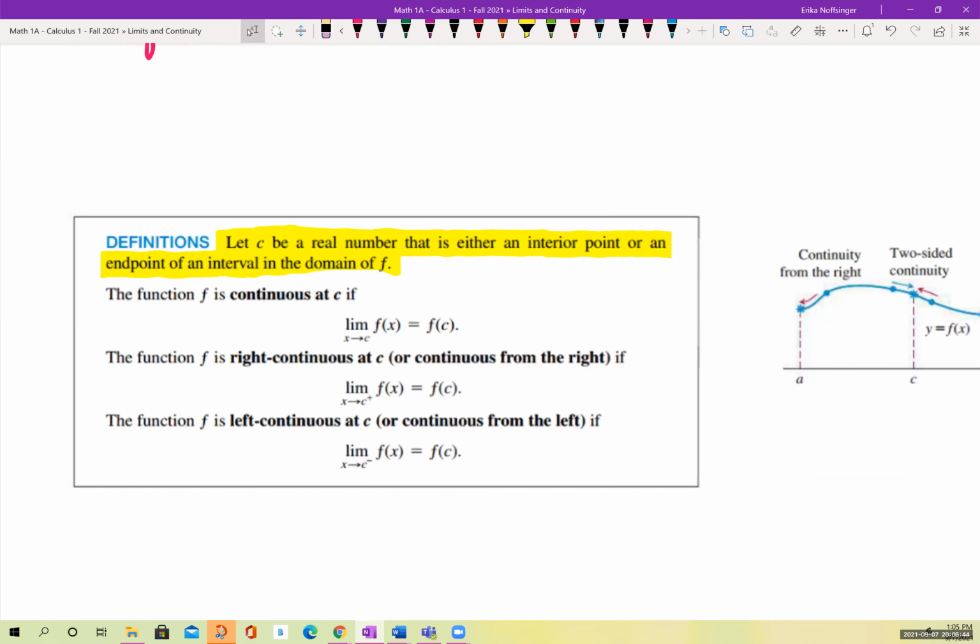Okay, so if we're talking about our domain, we say that our function f is continuous at c if the limit as x approaches c of f of x is equal to what we'd get if we plugged in c wherever we saw an x in our function f of x.